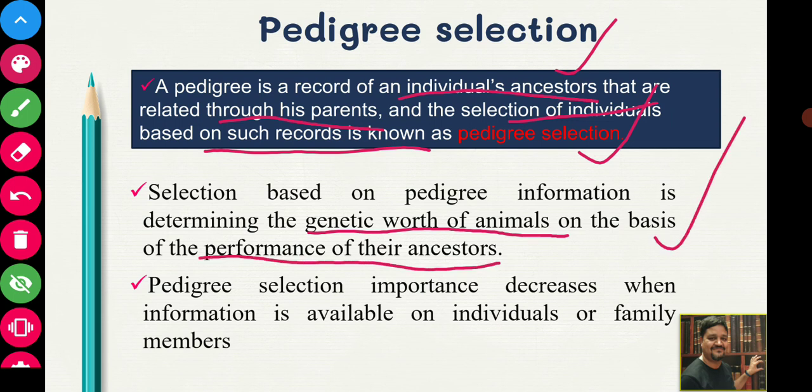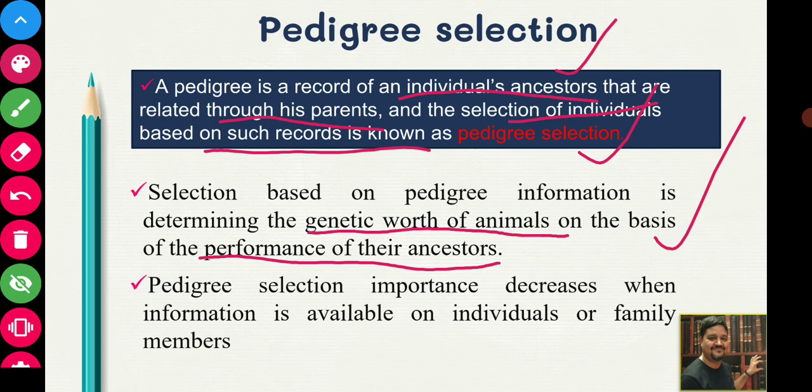It is similar to selecting a male or female for marriage. Suppose a person goes to the bride or groom's house, first observes and gets information about the bride or groom, and after that sees the pedigree of that particular individual.